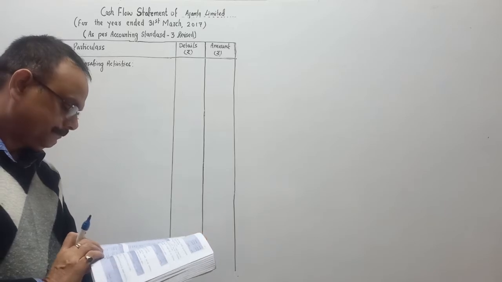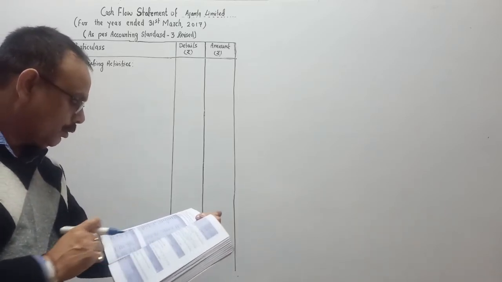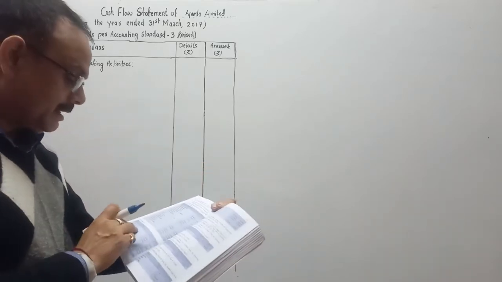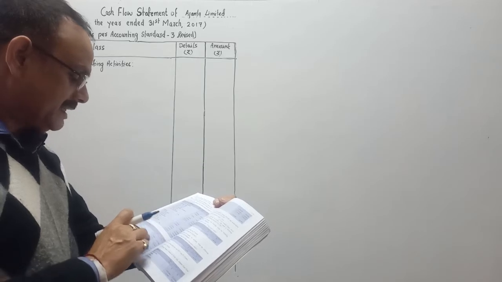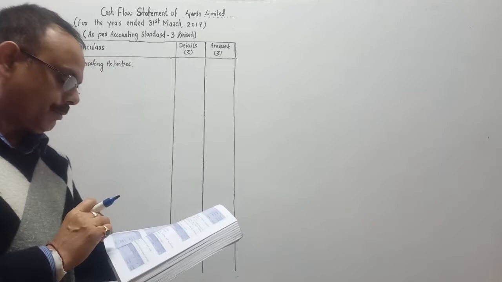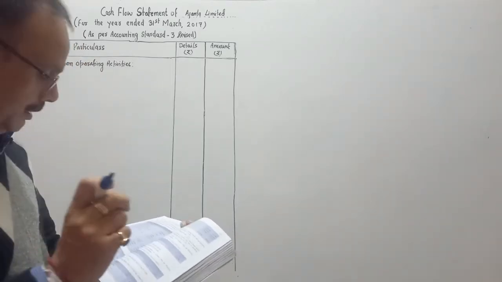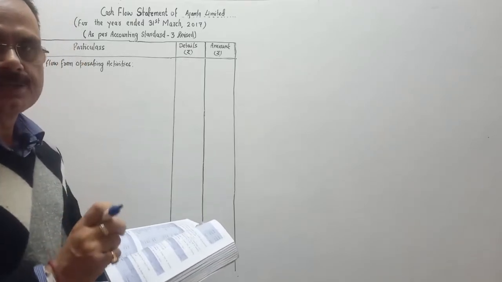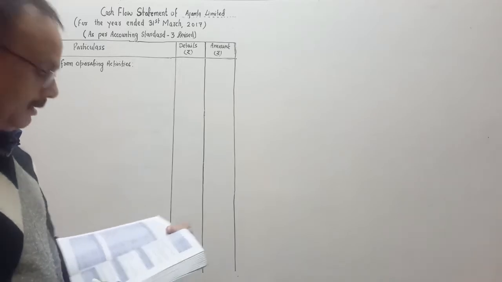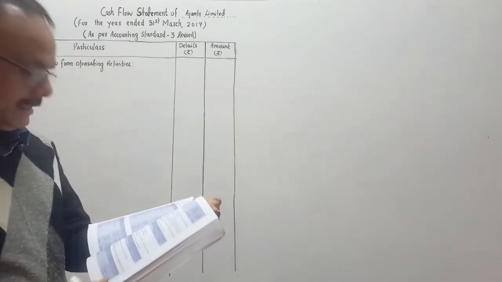Here profit is directly not given in the question. You see note number 1, in reserve and surplus, general reserve and balance in statement of PL is given. In the balance in statement of PL, last year there is no amount given in 2016, but in 2017 it is 1,20,000. So this difference indicates the net profit of the current year.